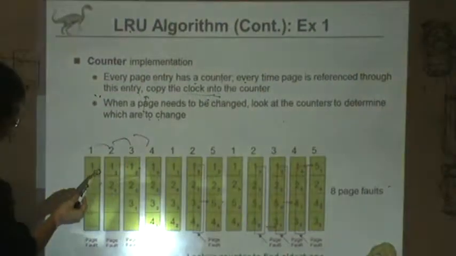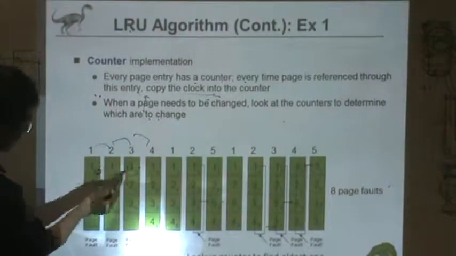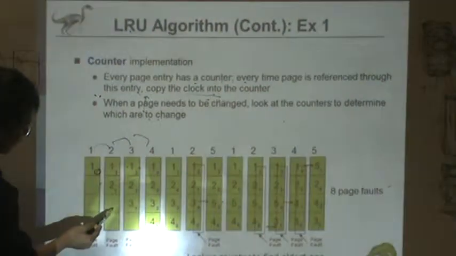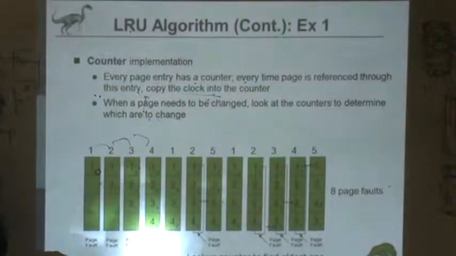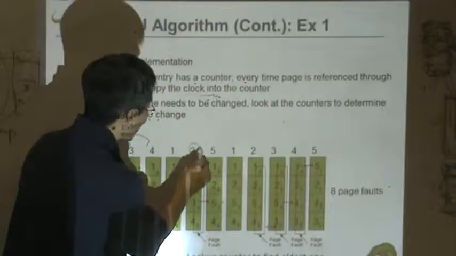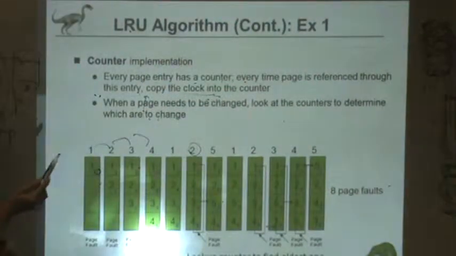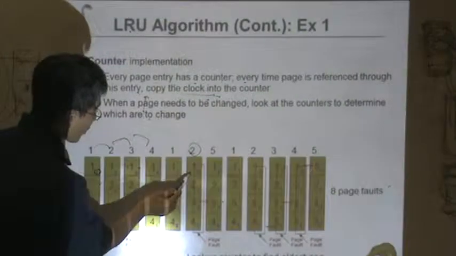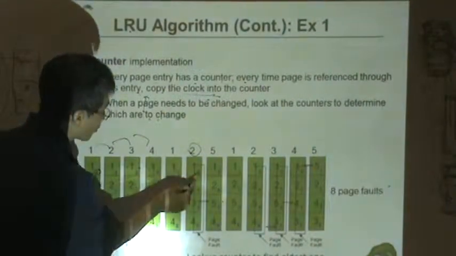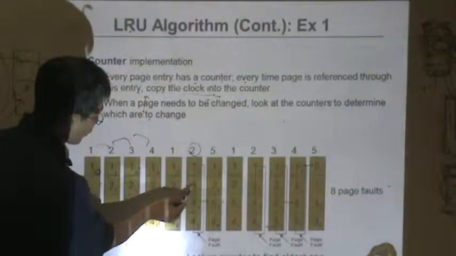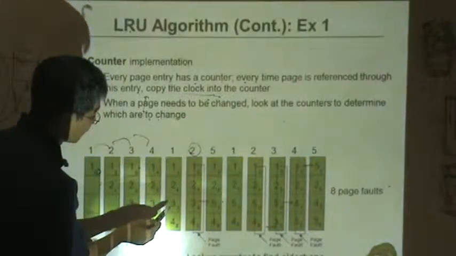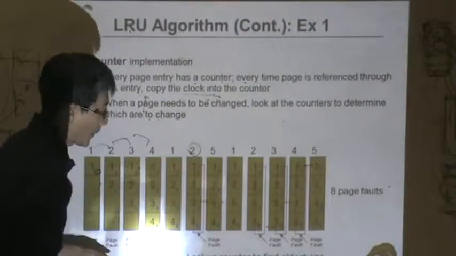So for example, 1, 2, 3, 4. So this is a 4, this is a 3, this is a 2, this is a 1. Then when you decide the victim, like this one, page 4, you can see 1 is referenced here, and 2 is referenced here. It's not page 4.